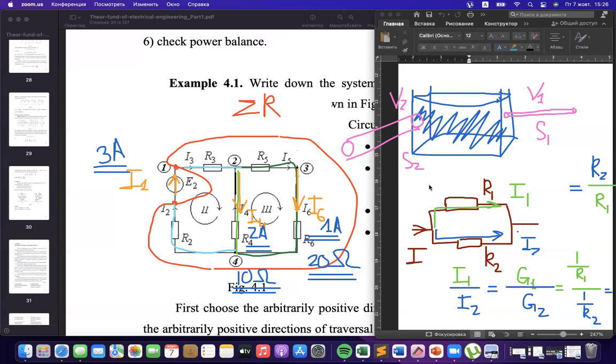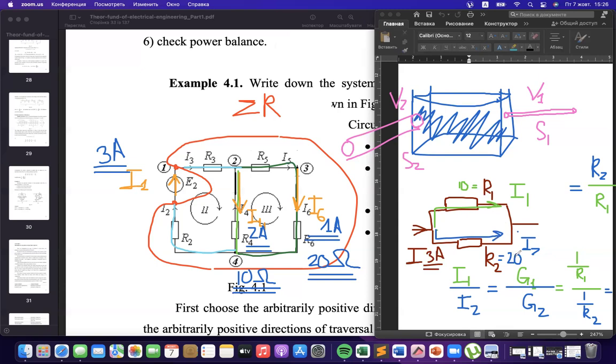Then, for example, if you have resistivity of 10 ohms, R1 equals 10, and resistivity of 20 ohms, and the total current equals 3 amperes. How will these 3 amperes divide between two resistors?